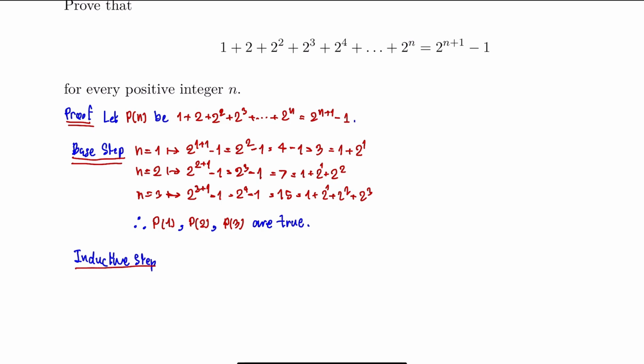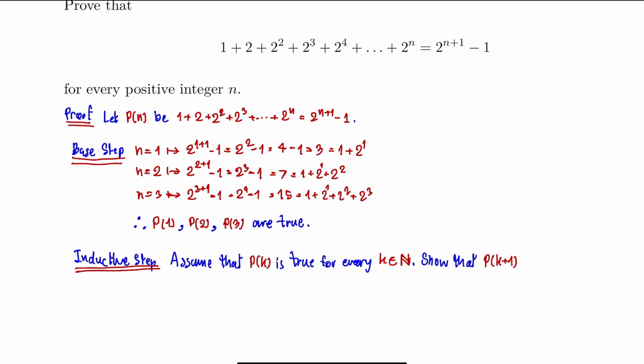When it comes to the inductive step, we have to assume that P of k is true for every positive integer k, and try to show that P of k plus 1 is true.